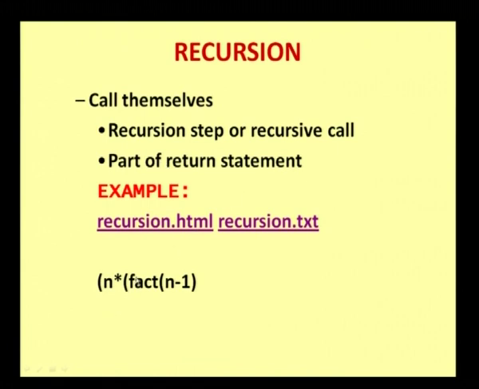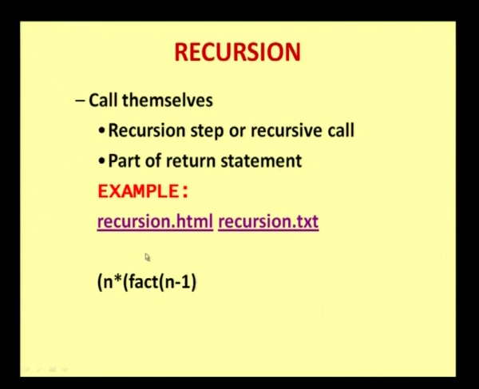So for example, if we are calculating factorial of a number which is given by the user, the fact function is executed again and again until the factorial is completed and the last nth value has been completed. So that is given as n star fact of n minus 1. So if the user is entering 5, so 5 star fact of n minus 1, 5 minus 1, 4.